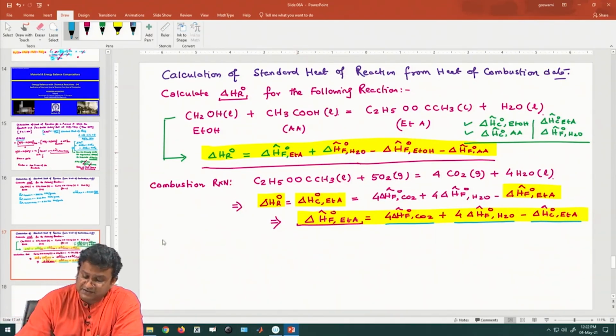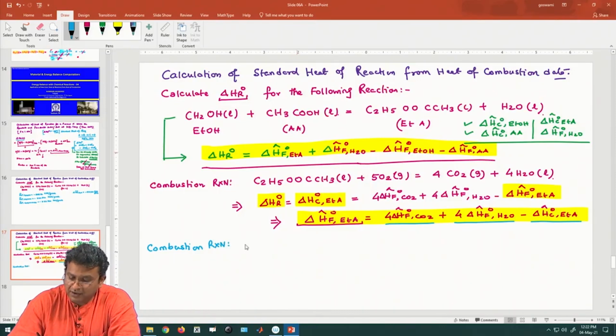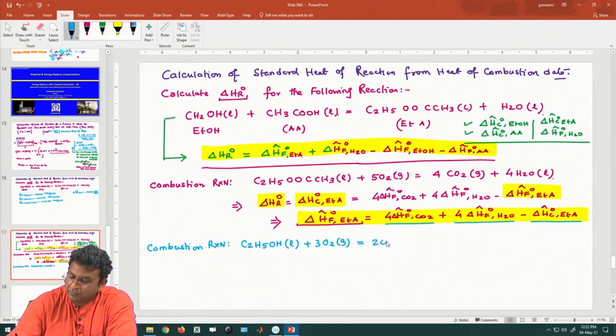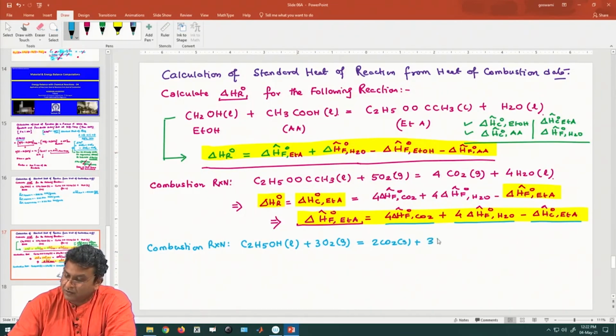What next is that we need to look into the combustion reaction for C2H5OH, and it turns out that if you react with 3 O2, it will give 2 CO2 and 3 H2O liquid.